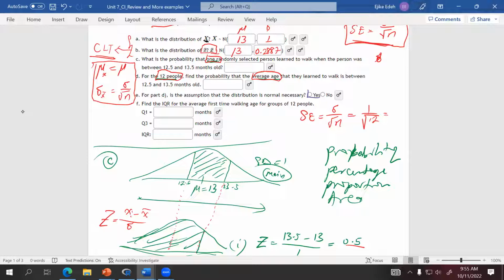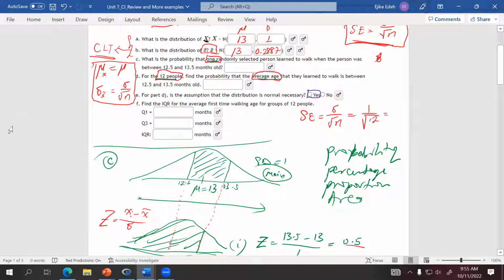But if the sample size is more than 30, it's already normal, so you don't need to assume it. So if it's less than 30, the answer is yes, assume normality. If it's more than 30, the answer is no.